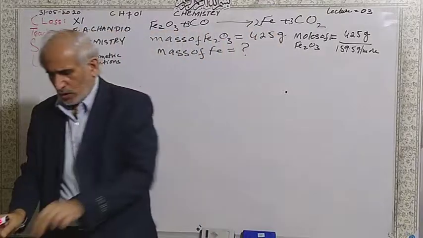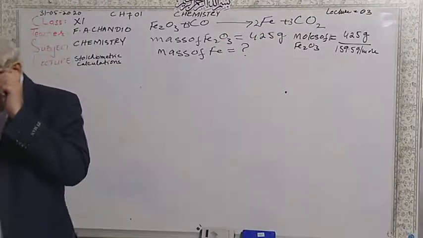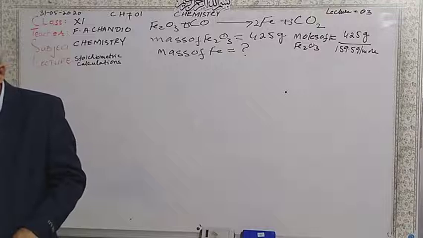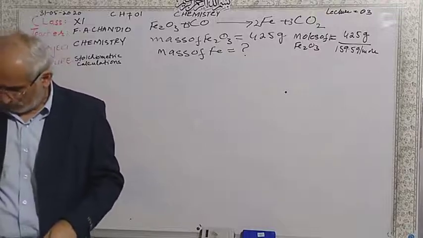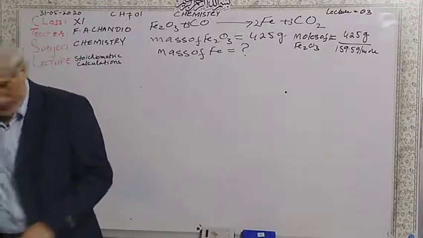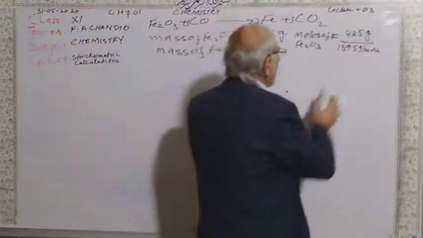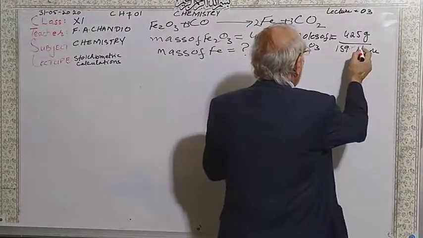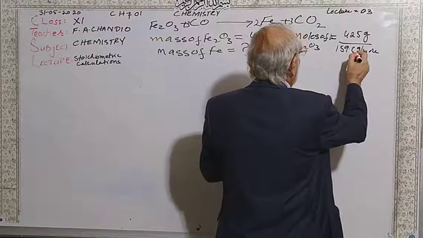The exact value for iron, if you see the periodic table, is about 55.9.